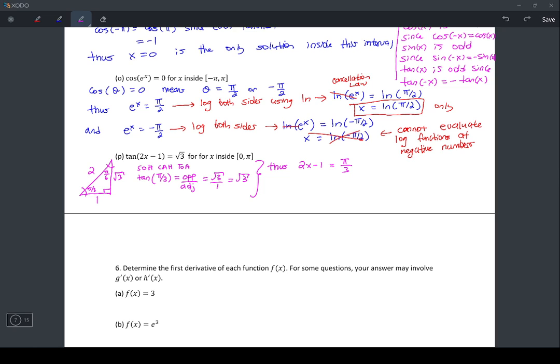I'm going to add 1 to both sides. Let's make common denominators. So pi plus 3 over 3. And then divide both sides by 2. That'd be our answer. And there's no other solutions.